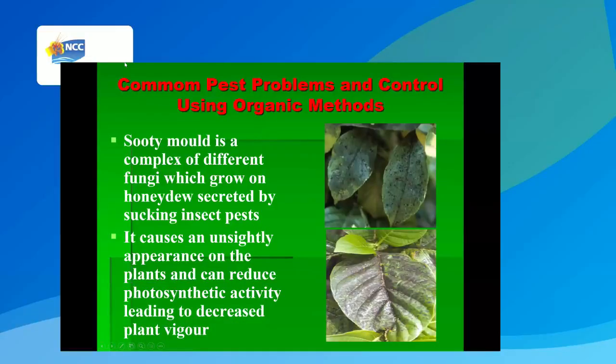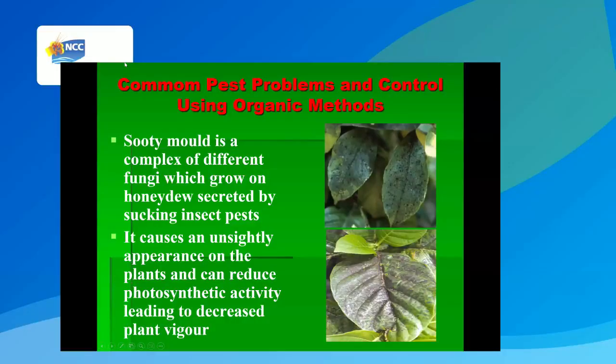That black sooty mold that I referred to earlier covers the leaves. It is caused when the sucking pest feeds on the plant and secretes some of the liquid that it sucks up in the form of a thick, sweet liquid called honeydew. Now, this honeydew spreads out on the leaves, and it is an ideal medium in which different fungi can grow.